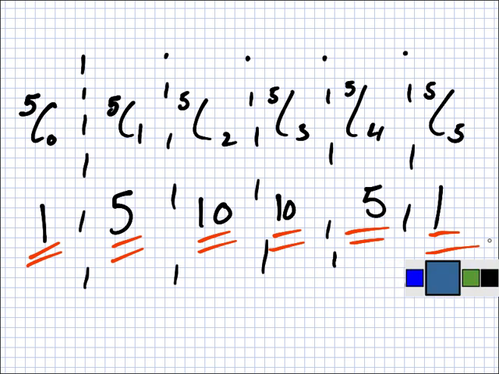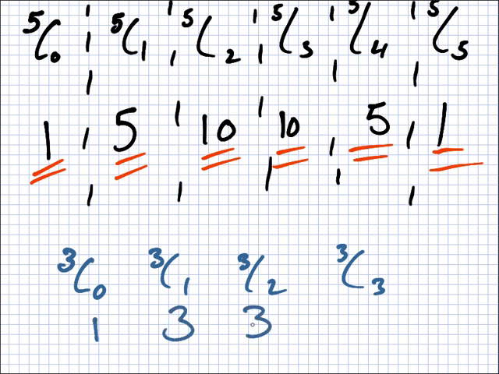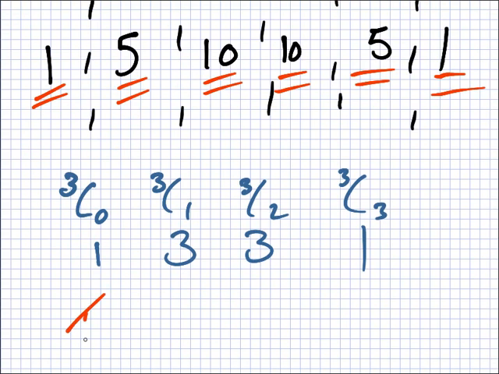If I want the 3rd row for a cubic, it'd be 3C0, 3C1, 3C2 and 3C3, which I know will work out on the calculator to be 1, 3, 3 and 1. So this provides an even quicker way to expand. Let's have a look at some examples of making use of this. And this is called the binomial theorem, which is the name of the lesson.